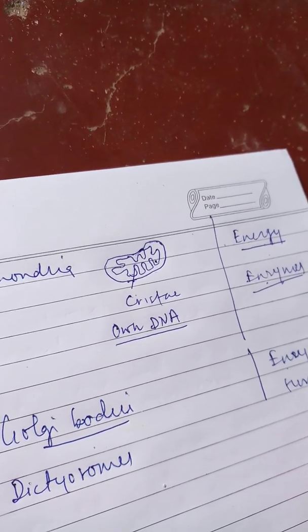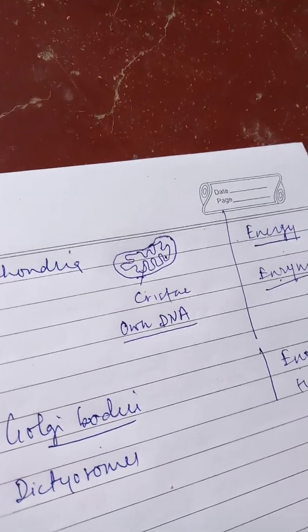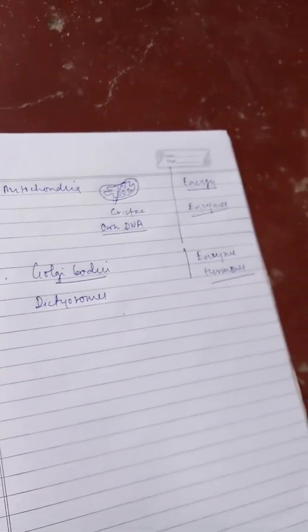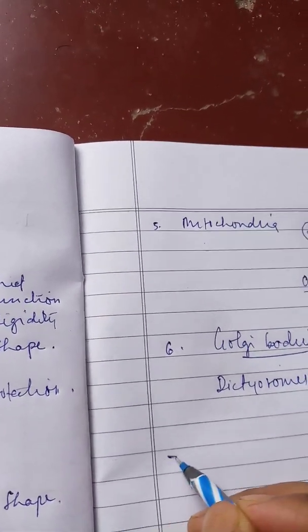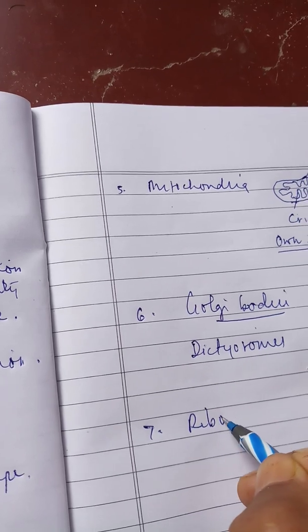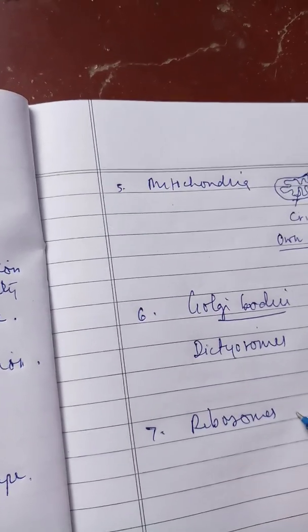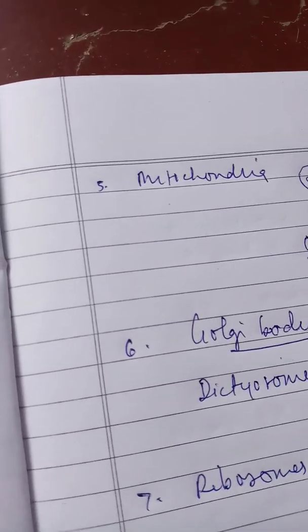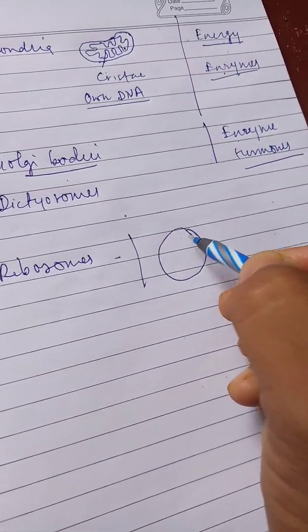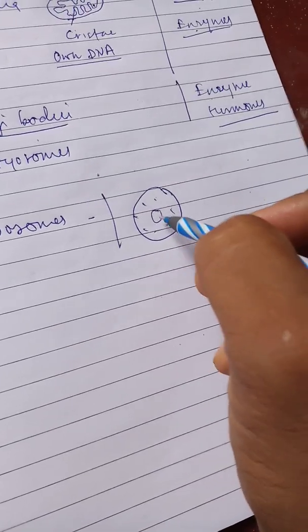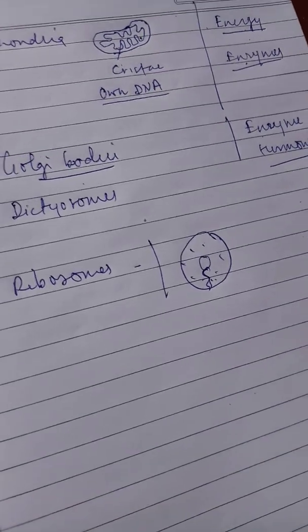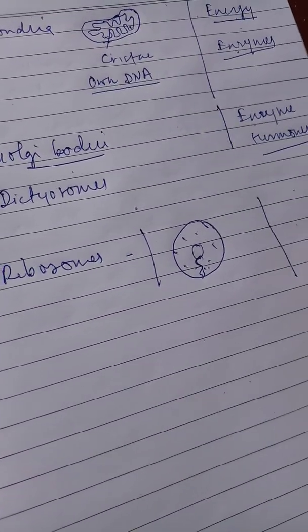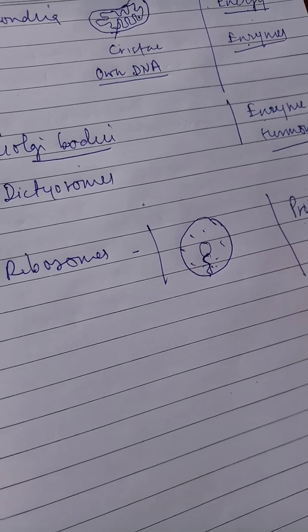Enzymes and hormones are the chemical substances needed for various life activities. Ribosomes. Ribosomes are granular structures that are either scattered in the cytoplasm or attached to the endoplasmic reticulum. These ribosomes are the site for production of protein.